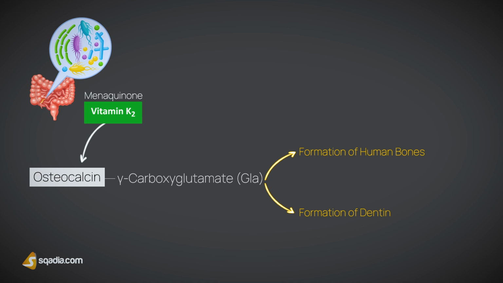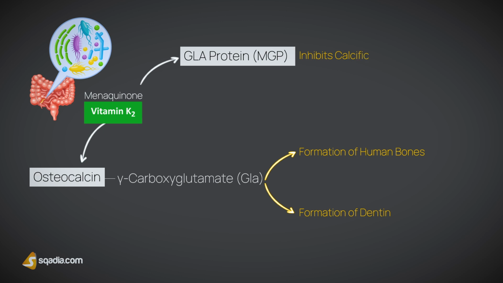Vitamin K2 prevents damage to the blood vessels as it activates the matrix GLA proteins, which inhibit calcification of blood vessels. Therefore, vitamin K2 deficiency results in uncarboxylated or inactive MGP, leading to cardiovascular disease.